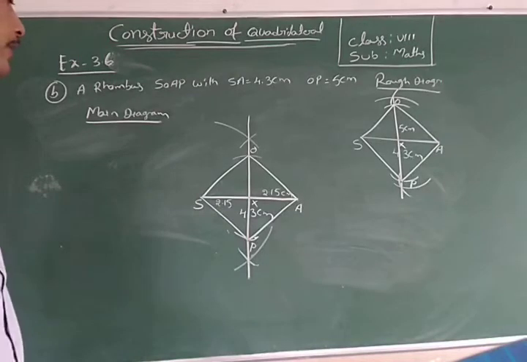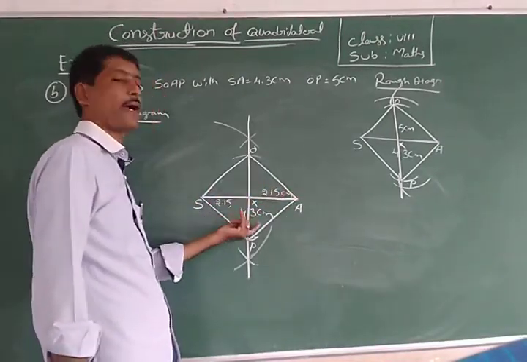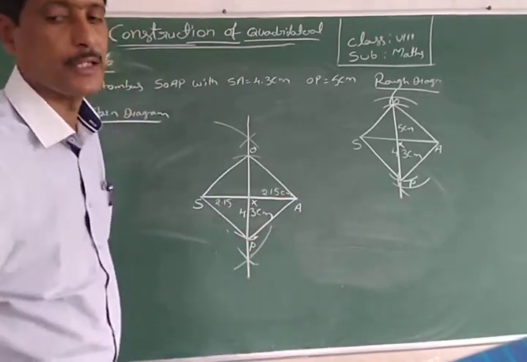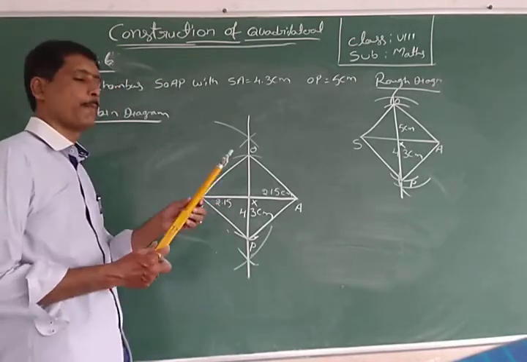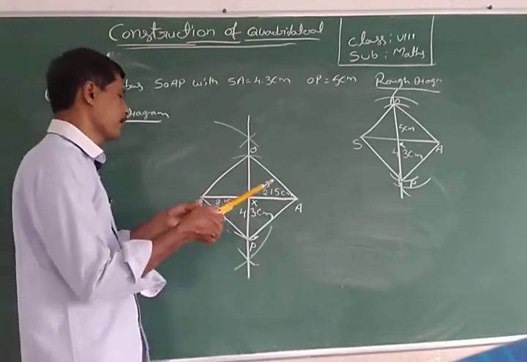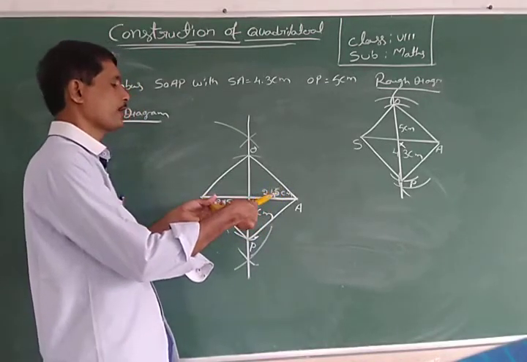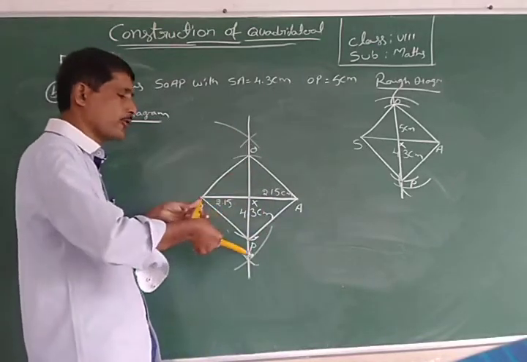Let us see one more time. First, draw a line segment SA, that is 4.3 centimeters. Next, using the compass, take more than half of the distance, draw one arc up and one more arc down.